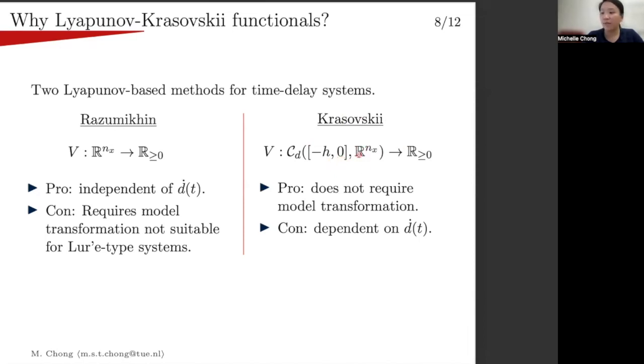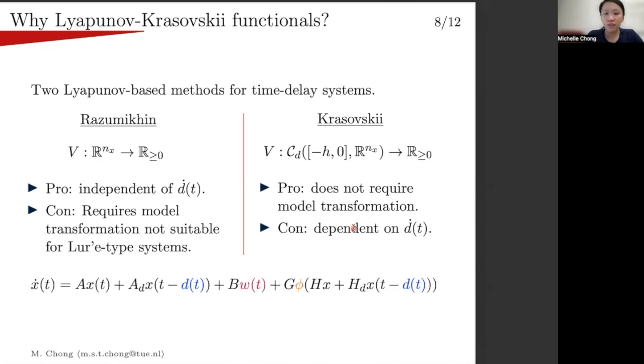By using a Lyapunov-Krasovskii functional, we do not require a model transformation, which works well for systems with nonlinearities. The downside is it depends on the rate of change of the time delay. Since we consider a Lur'e type time delay system, we have chosen to use the Lyapunov-Krasovskii functional.